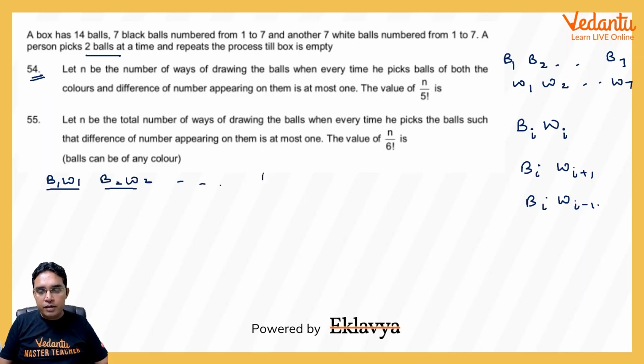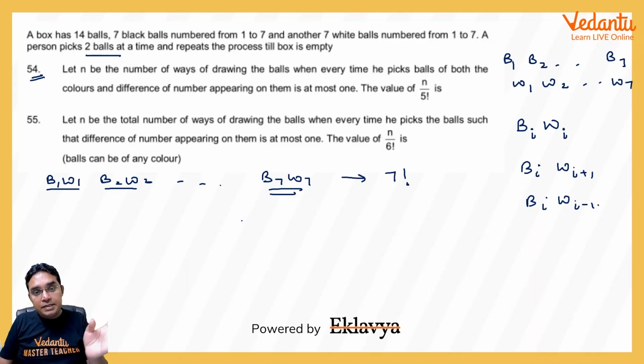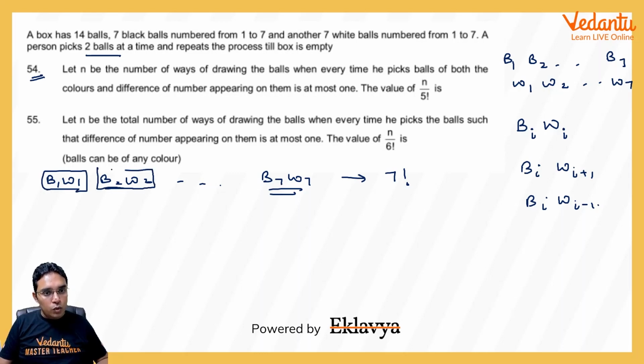Let me just make one easy case where 1 comes with 1, 2 comes with 2 and so on, and later on I can make permutations in 7 factorial ways in which maybe B2 W2 can come first, B7 W7 can come second and so on. So first I am trying to make the combination of black and white balls which are permitted to go together, and then we will be doing the arrangement in 7 factorial.